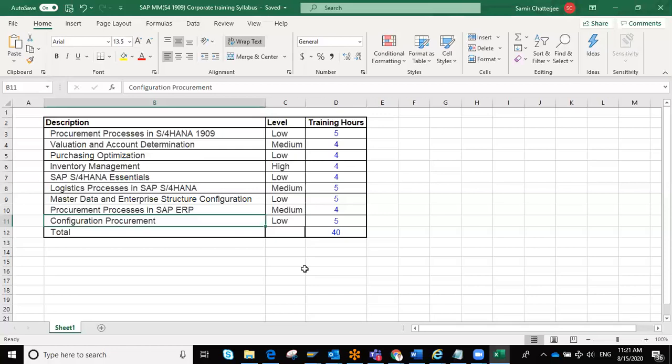We shall also discuss why a company should go for S4HANA and what the specific advantages are. Should we really go for S4HANA or not? This is a very big question in terms of budget, in terms of time, and in terms of future growth as per the company vision and policy. So this is the requirement of the time we have to take care of.